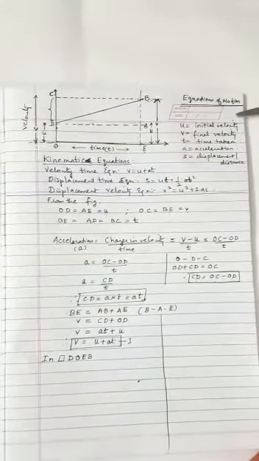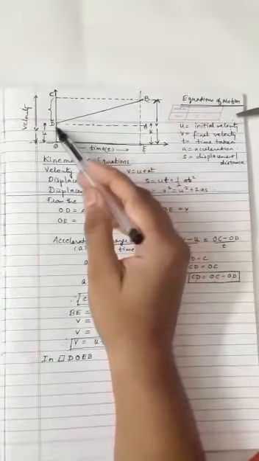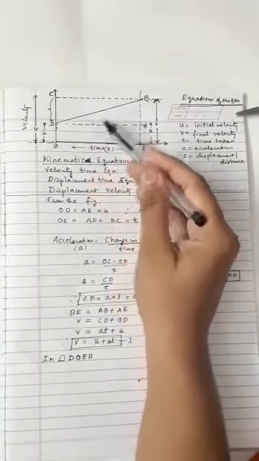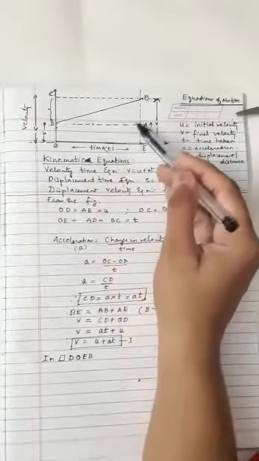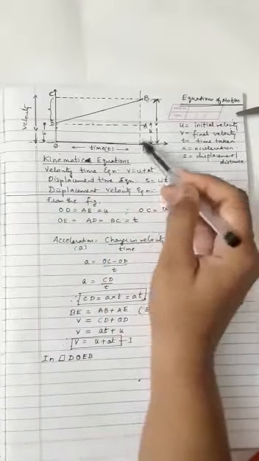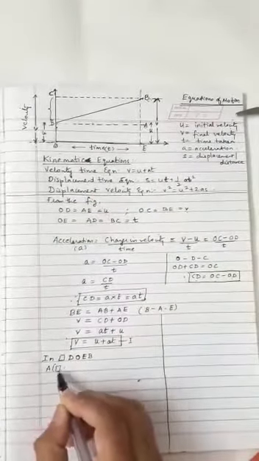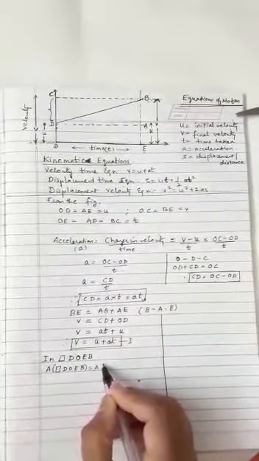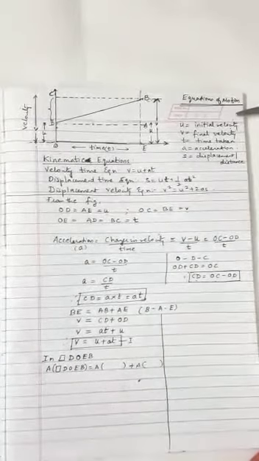Now this quadrilateral area, this area DOEB shows the distance travelled by the object. Now this quadrilateral DOEB is divided into two parts. It is divided as a rectangle and it is divided as a triangle.